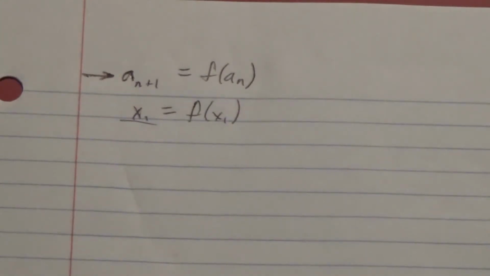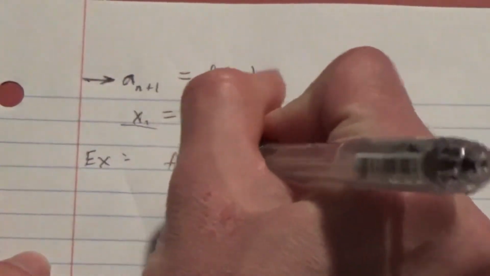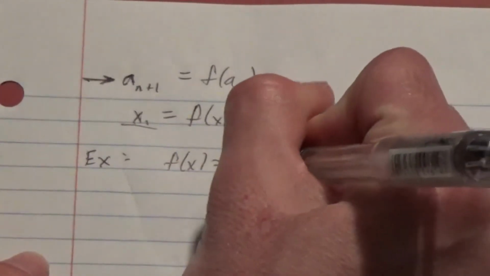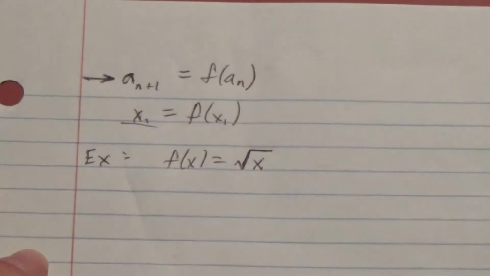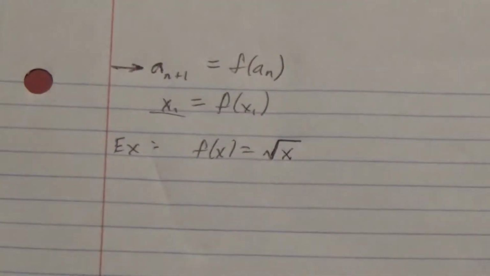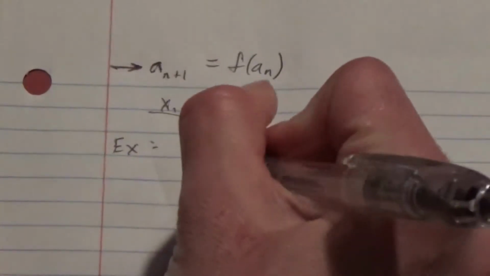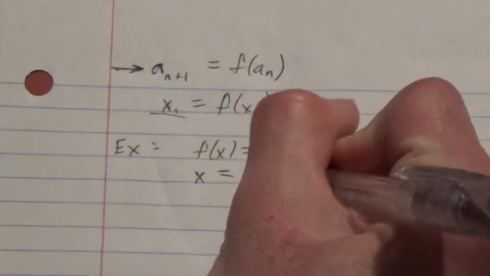And so an example of this, let's say we had the function f of x equals square root of x. So if we study the square root function as an iterated function, we do end up with a couple of fixed points. And so what are they is a natural question, right? So we would say x equals the square root of x.